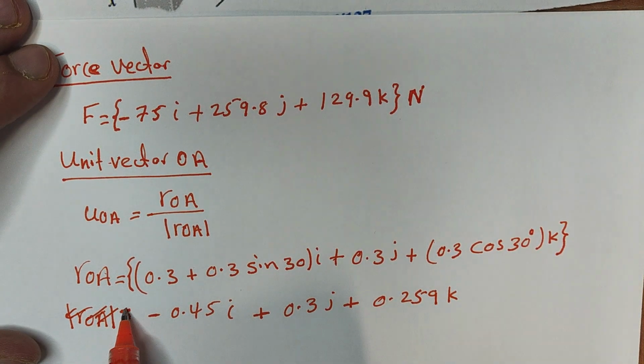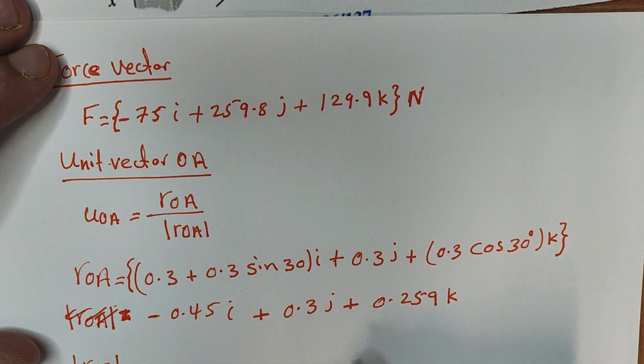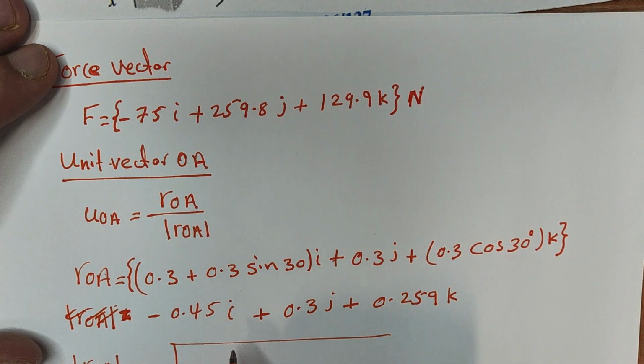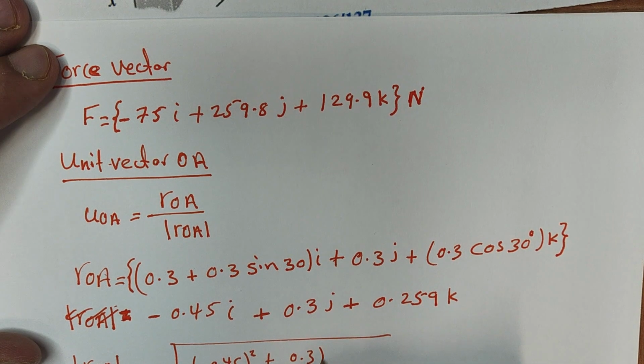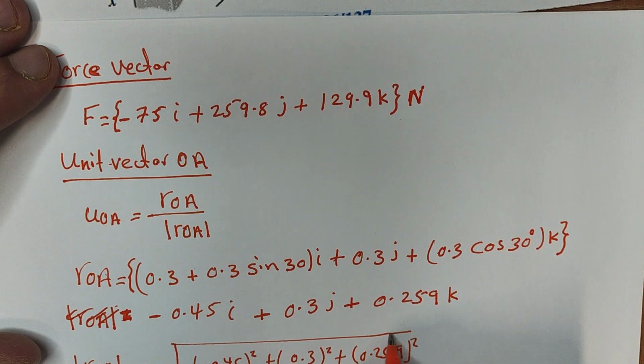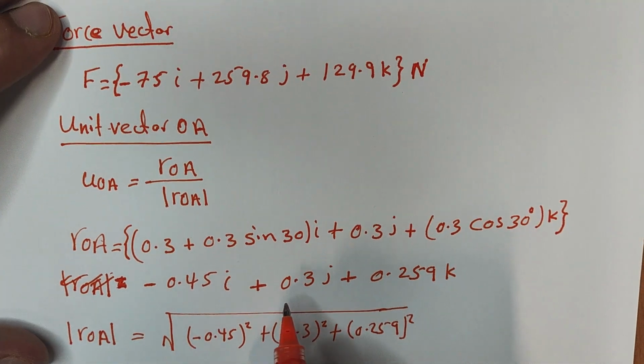Finding the magnitude of ROA, this will equal the square root of the sum of these squares: negative 0.45 squared plus 0.3 squared plus 0.259 squared.